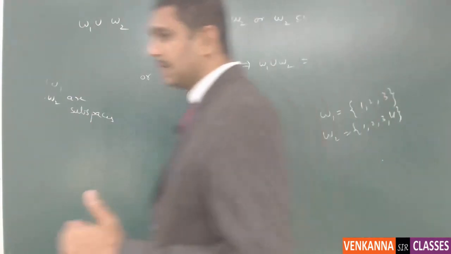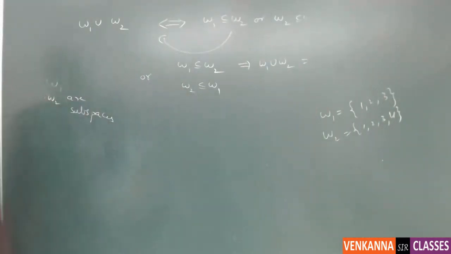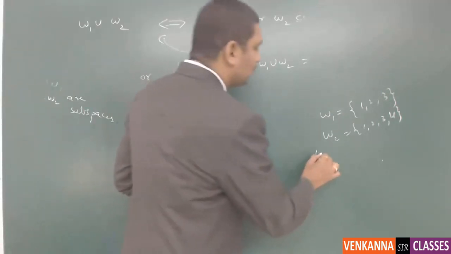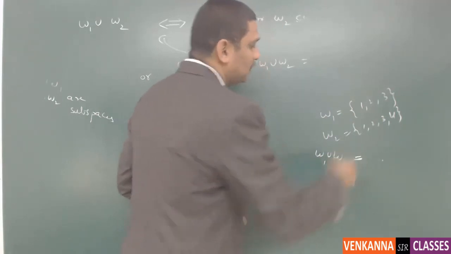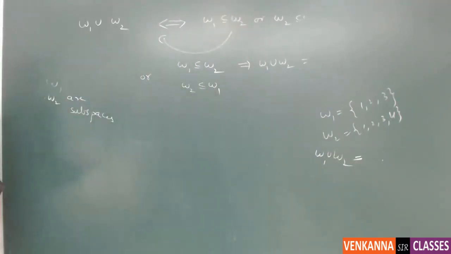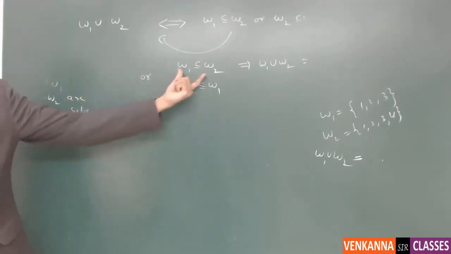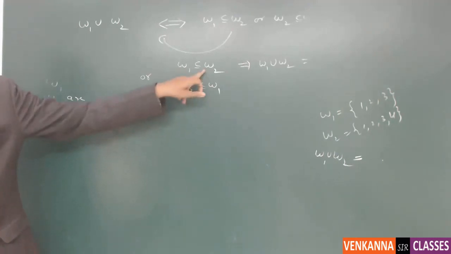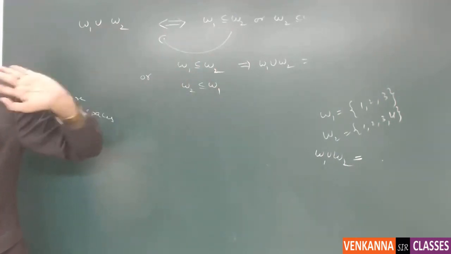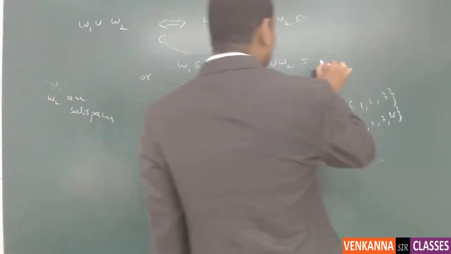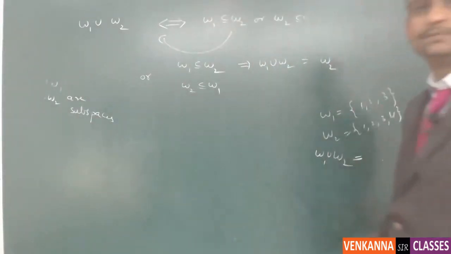So you agree that W1 is a subset of W2, accepted? Yes or no? Right. So from this, if you calculate the union, what is the result? Is it W1 or W2? W2. So it means that whenever you take a subset pattern, the bigger one is the union. So here you will get that this is nothing but W2.